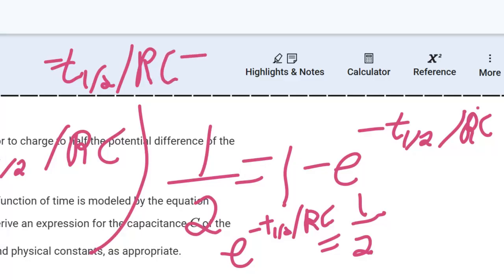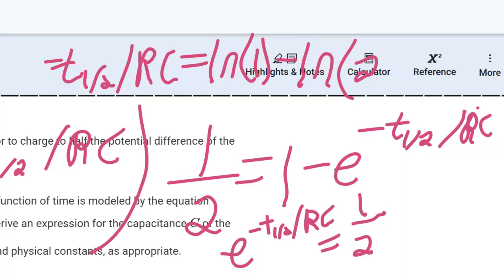And then ln of 1/2 would be the same as ln of 1 minus ln of 2, and ln of 1 is just 0.